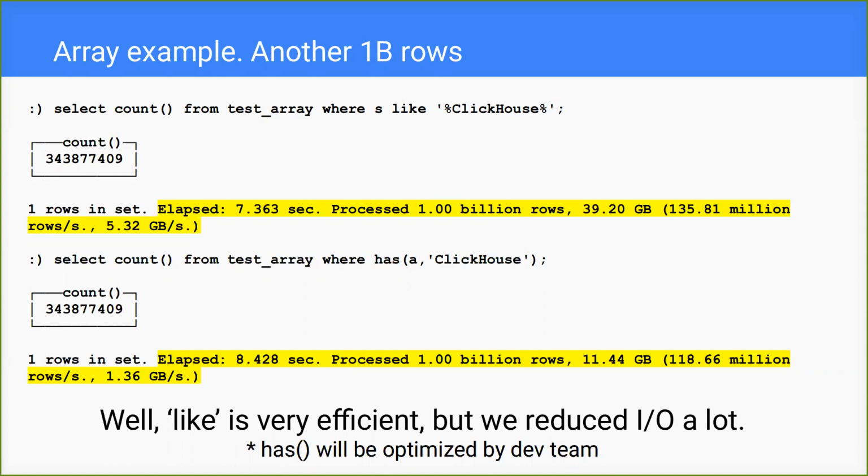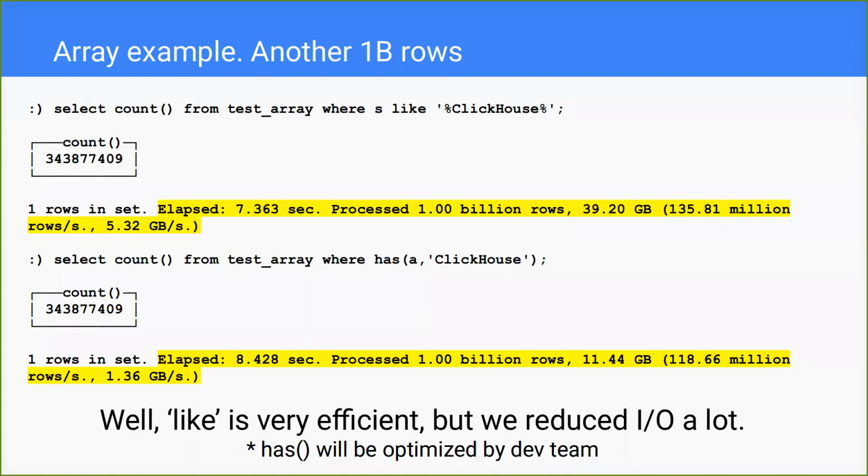So, for example, when we select ClickHouse from the string LIKE ClickHouse out of the test array, that runs in 7 seconds. If we do a similar thing in ClickHouse using the array, we'll use the has operator. So we'll try and pull ClickHouse out. It's actually a little bit slower. And it's not that arrays are slow; they aren't.